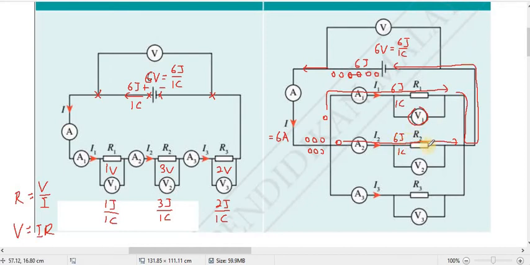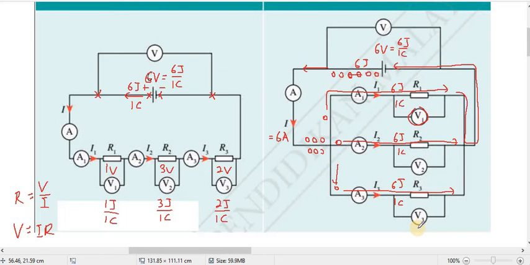Pass through here, do how much work? 6 joule also, because after this, no more resistance to overcome. So same with this one. 1 coulomb, 6 joule. So you see all these readings will show 6 volt. You see or not? As simple as that.